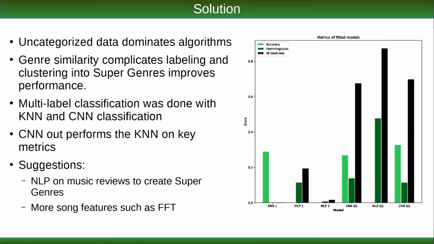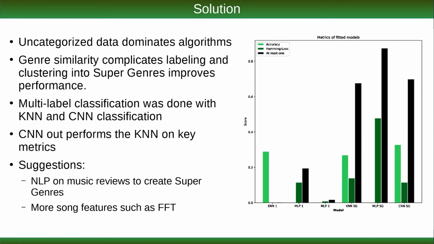The solution is based on two pillars. The first pillar is that uncategorized or unlabeled genres dominates the algorithms and leads to bad accuracy. And secondly, genre similarity also makes the multi-label problem even more difficult. Clustering into supergenres therefore improves the performance.